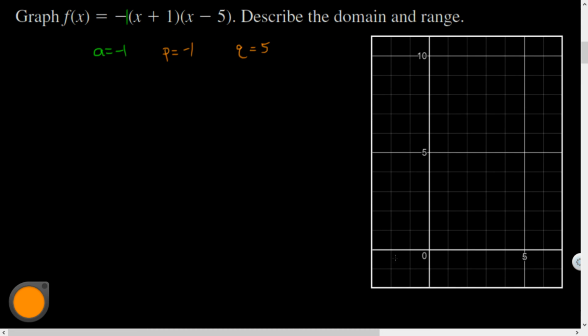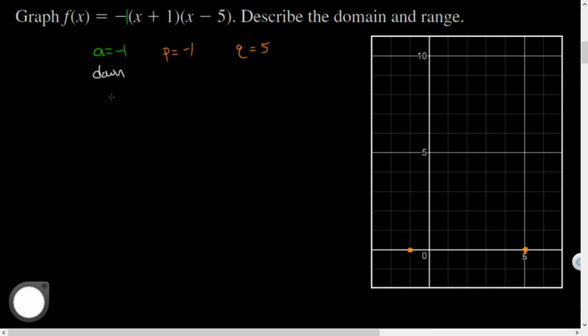So let's plot our x-intercepts at (-1, 0) and (5, 0). Right, like that. Which way does this open? Down, because a is negative.